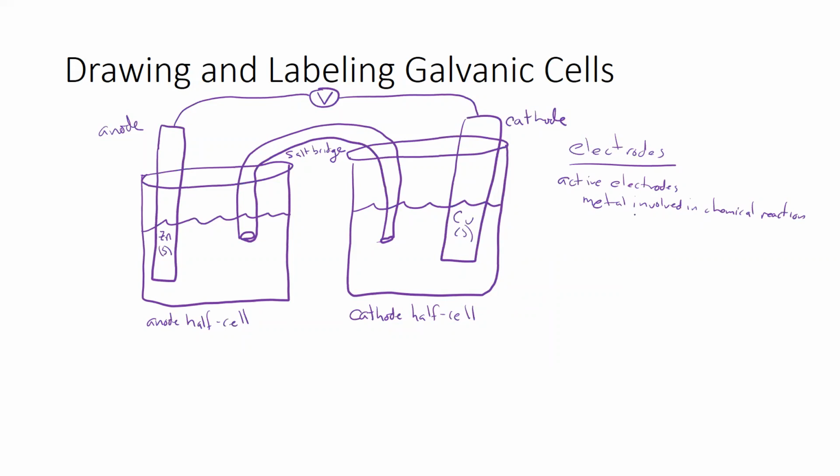That's going to be the key to this. If it's an active electrode, it's involved in the chemical reaction, whereas a passive electrode just serves the purpose of being a conductive substance. It only needs to conduct electrons. It doesn't need to be part of the chemical reaction.